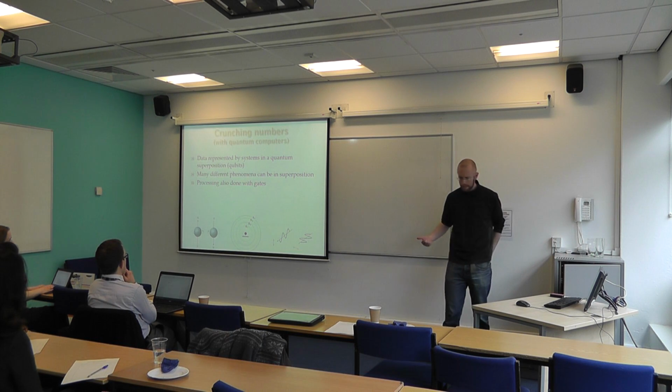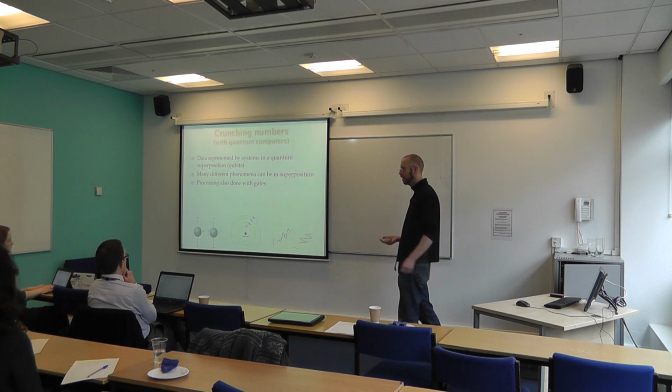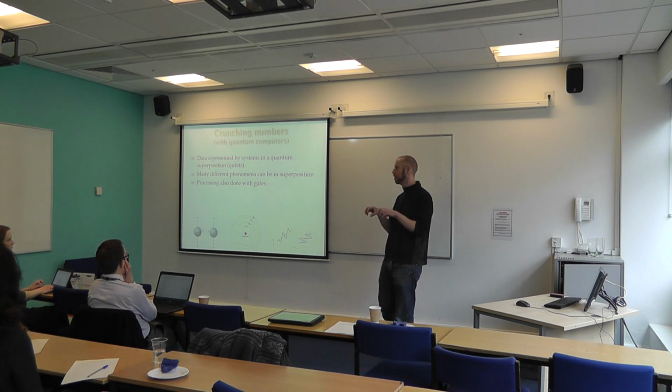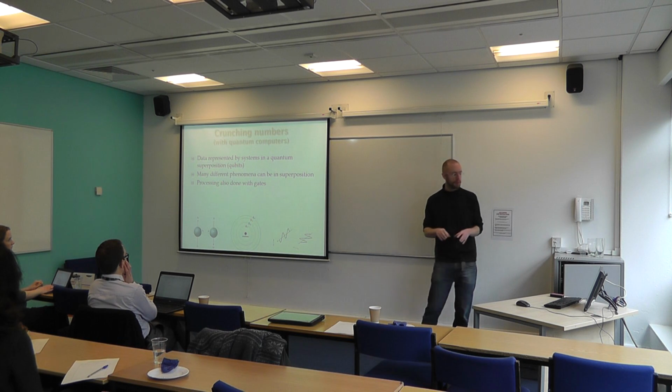So the processing in quantum computers is also done with gates. They're not the same gates that you get in classical computers, but it's the same principle. We have some way of controlling the interaction between the qubits that make up our quantum computer.